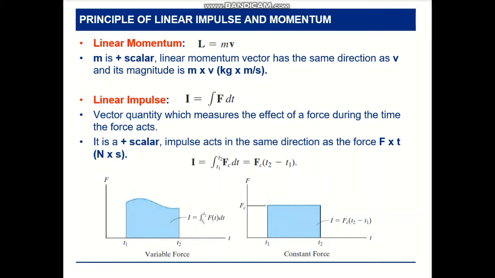It is a vector in the same direction as the force, which is F multiplied by t, and its unit is Newton second. Newton second is the impulse quantity. Because we know that kilogram meter per second squared is Newton, the units are going to be the same, right?